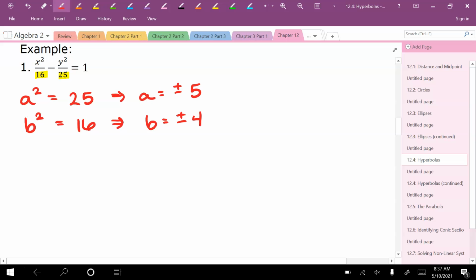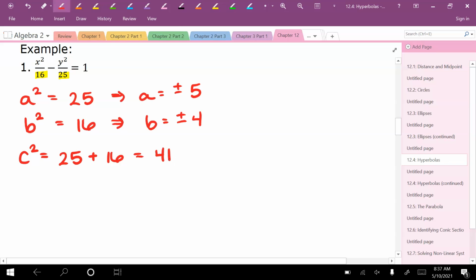So if I'm going back over here to my chart, I'm looking at the right-hand side because the y squared is over the 25, which is the bigger number. So I'm going to be using the vertical hyperbola part of my chart, which is the right-hand side. All right, so let's go ahead and find our c squared. So this is when we're going to add our numbers together. So we're going to do 25 plus 16, which is 41.